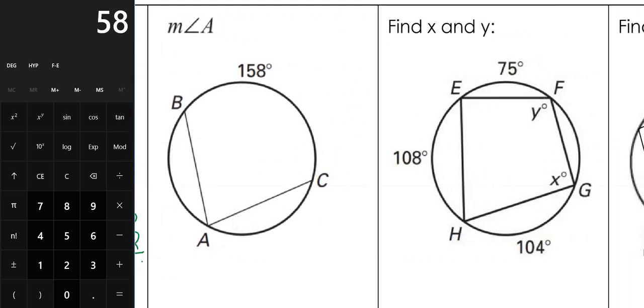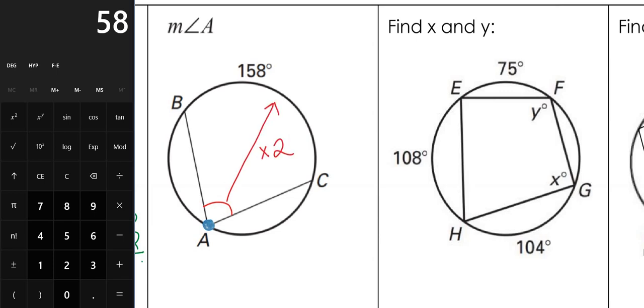Now for this next one, again, look at the problem, observe it, and notice that we have an inscribed angle again. Notice that A is a vertex on the circle. Thinking back to the previous problem, if we had the measure of angle A, we would double it as we pulled it forward.